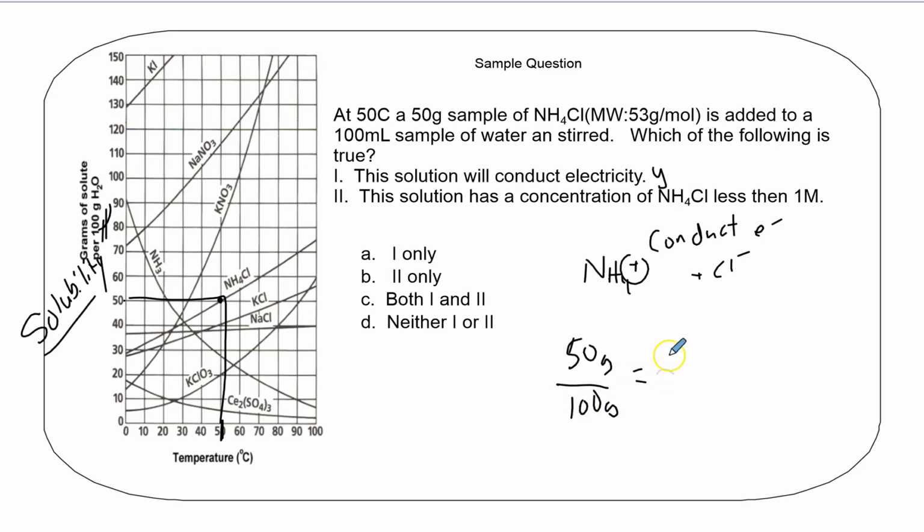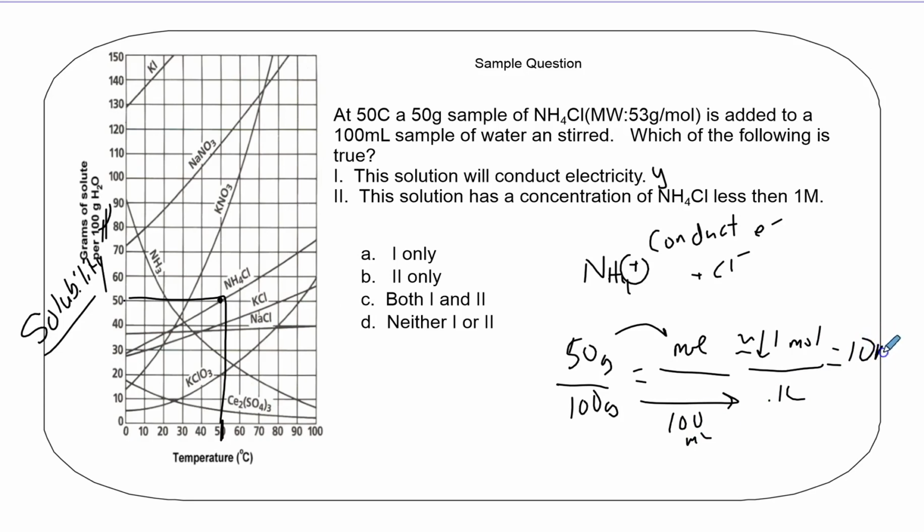Let's convert this over to moles, and it weighs 53, so it's approximately really close to 1 mole. It is a little less than 1 mole, but not much. And the density of water is pretty close to being 100 milliliters, which is 0.1 liters, which means my molarity is going to be around 10 moles per liter.